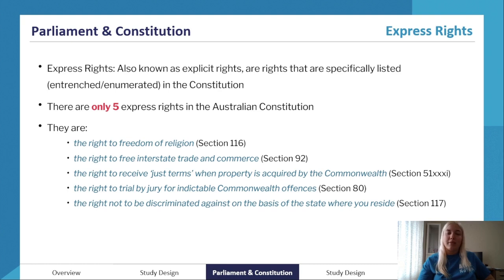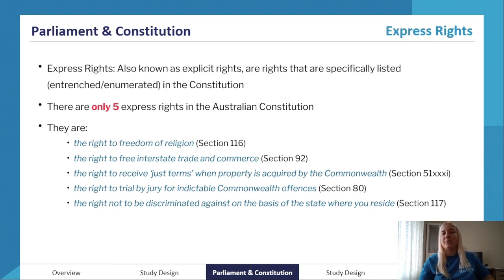This one is quite limited because this basically gives Commonwealth the right to attain your property if they need it. So if they need to build something for whatever reason, they could take your house from you or your business. However, it means that you must receive just terms. Now, this is obviously very broad. So what these just terms are and whether they're adequate and whether they're really just is unfortunately up to Commonwealth to decide.